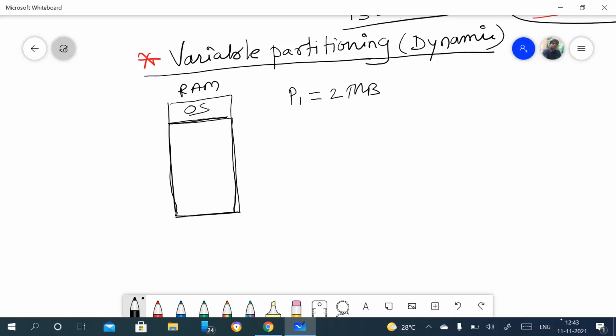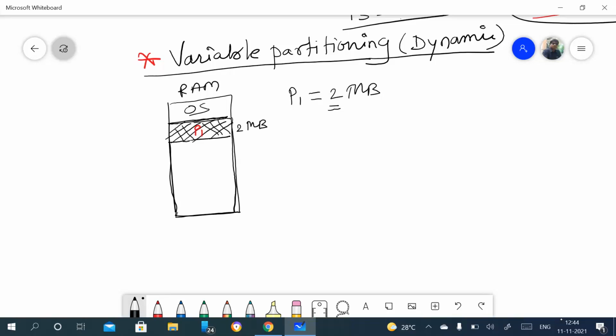As the whole memory is free, only whatever is the size of P1, that much will be reserved at runtime like this. This is P1, and it is 2 MB.